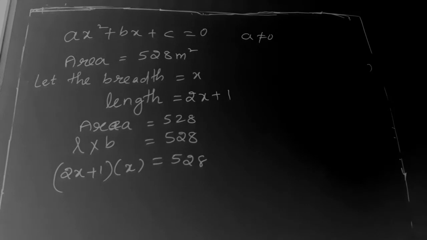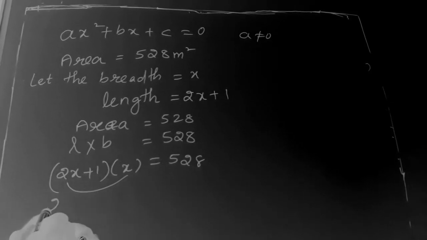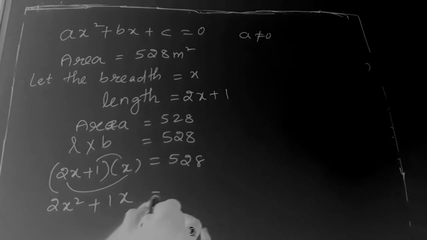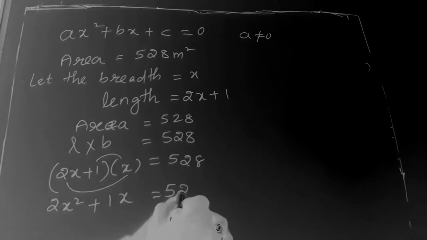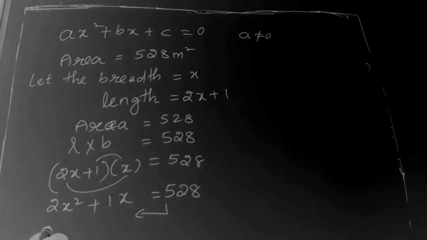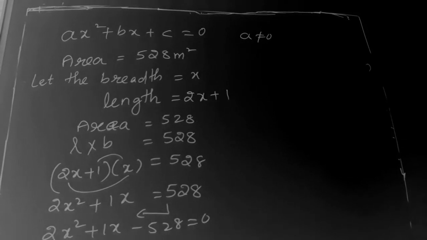Okay, now here multiply these two. 2x into x, 2x square. 1 into x is nothing but 1x, that is equal to 528. Now we bring it to the left side: 2x square plus 1x minus 528, that is equal to 0.